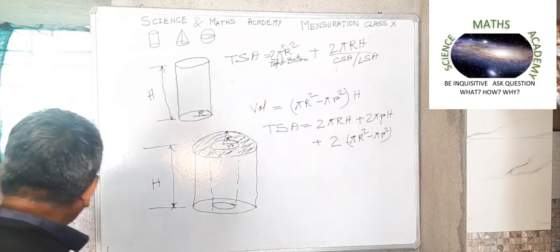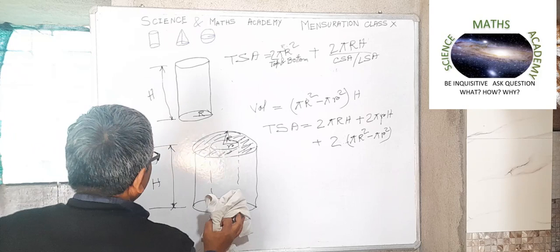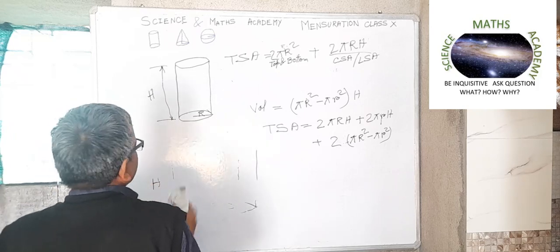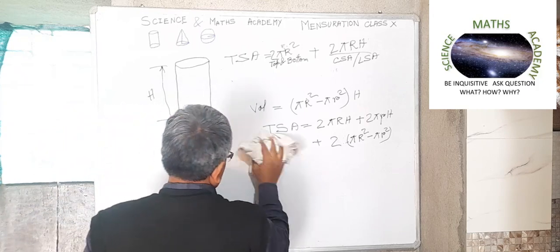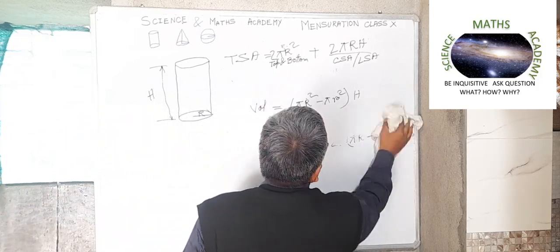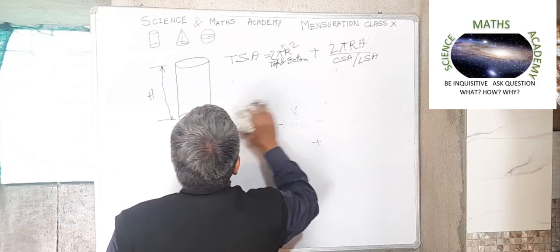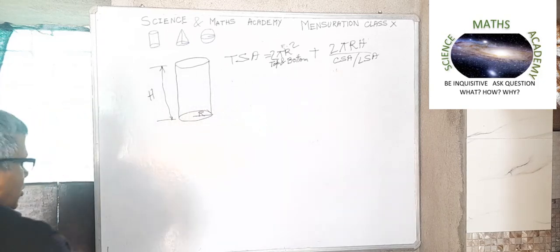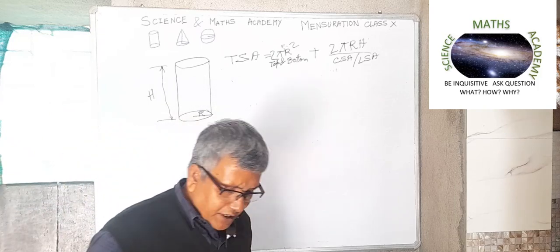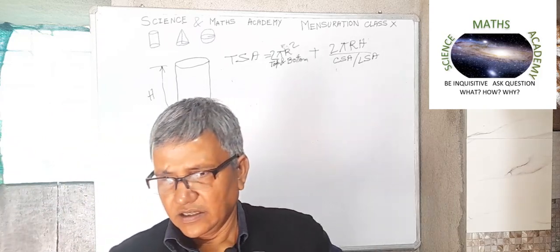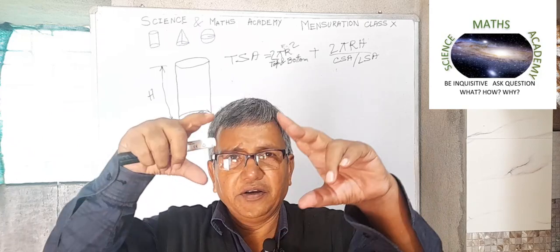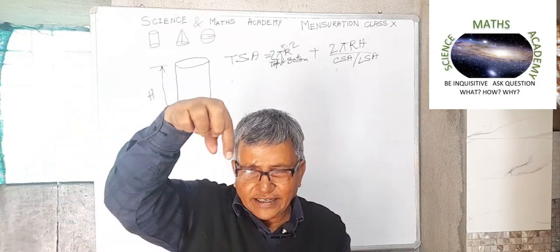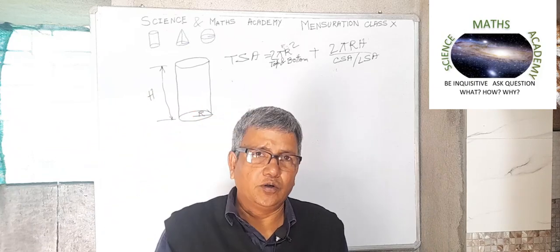It is the cylinder. Now I am going to explain the cone. If you know the cylinder, cone is very easy. And I kept the cylinder to compare. You can make a cone like this: say you have a set square in your geometry box, a triangle. If you rotate the triangle, it will be a cone.